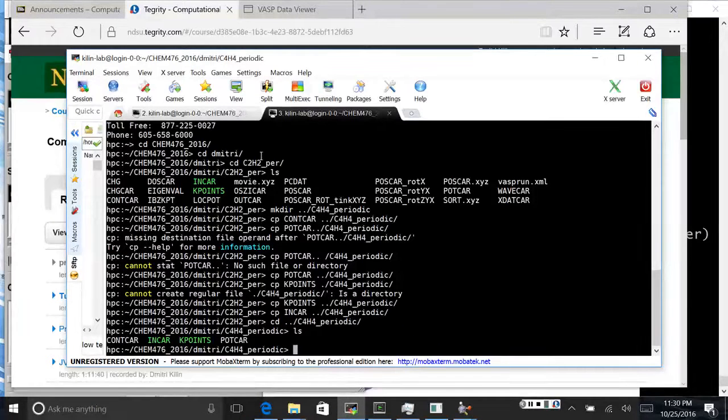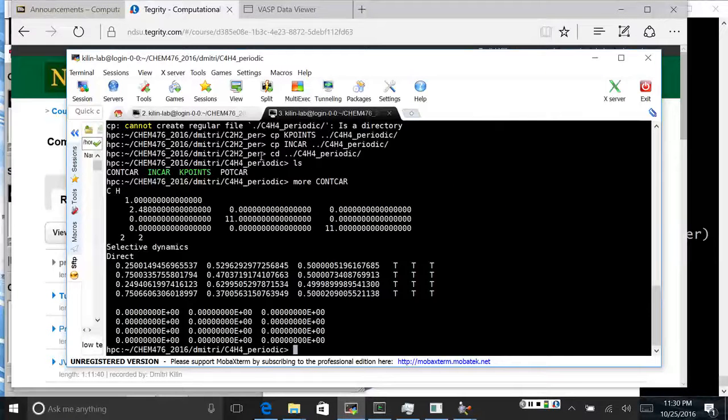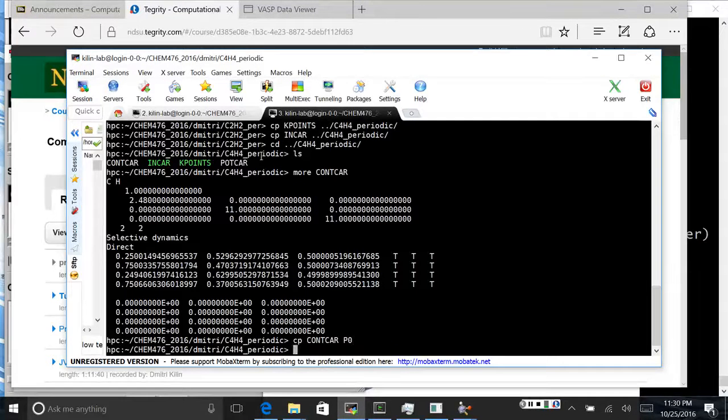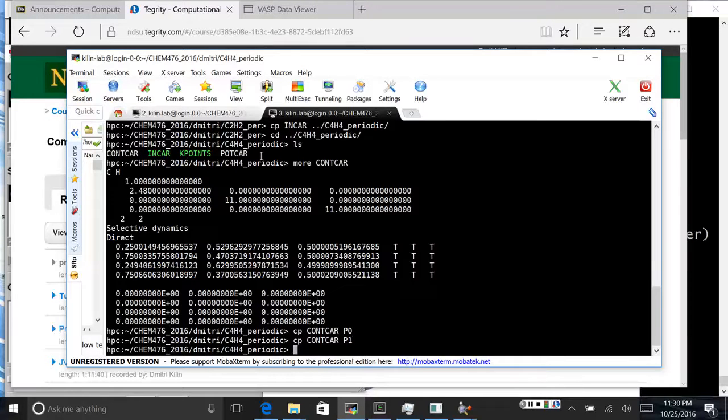So I'm going to make the simulation cell with 8 atoms instead of 4. So I'm going to expand twice. Copy CONTCAR into P0, copy CONTCAR into P1. Those are copies.